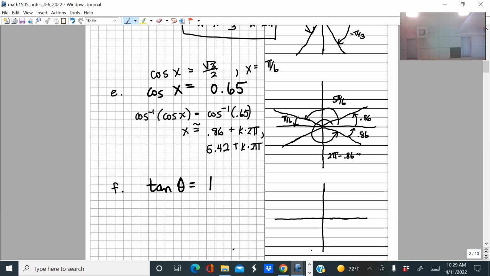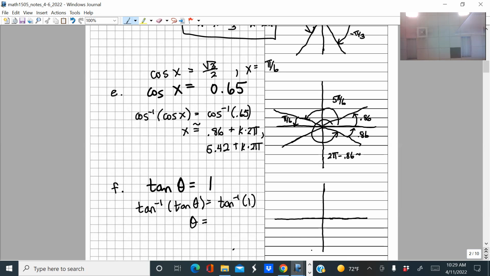So let's see if we can figure this one out. Apply inverse tangent to both sides to undo the tangent function. And so we get theta is equal to the inverse tangent of 1. So we're thinking, what angle has a tangent of 1?